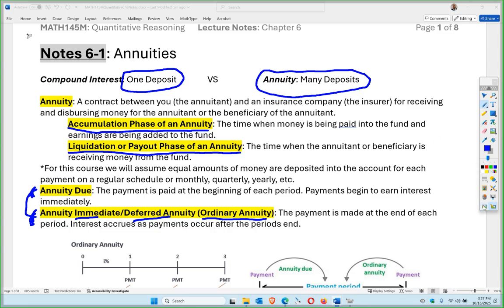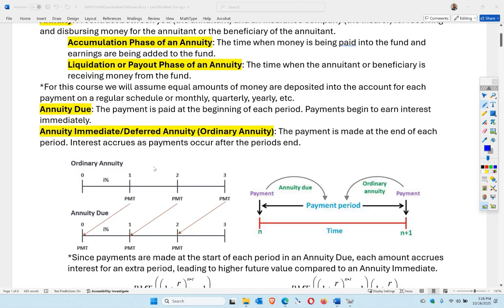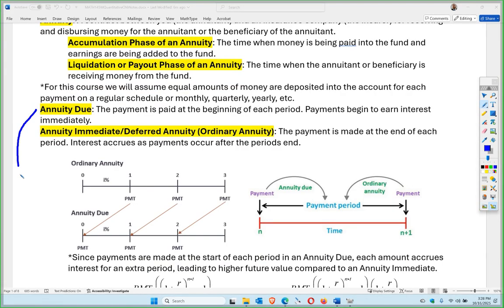So again, the way you can think of annuity due versus an ordinary annuity is, when is the payment? With the annuity due, the payment happens immediately. With the ordinary annuity, the payment happens at the end of the month. So initially when you open the account, there's nothing in there, and then you make your payment at the end of the month.